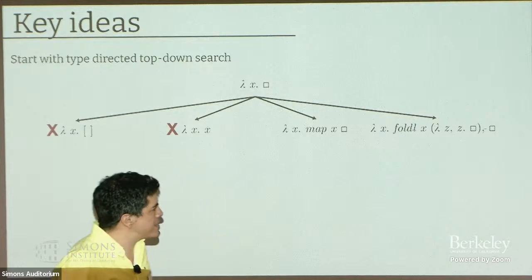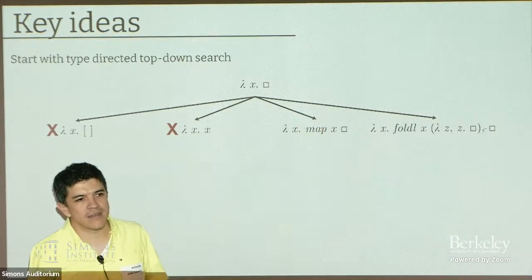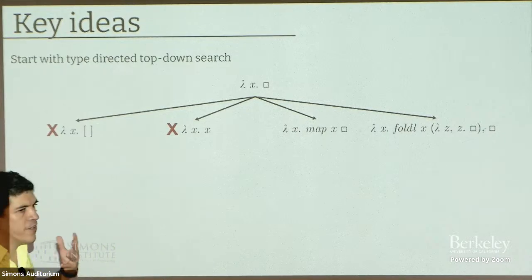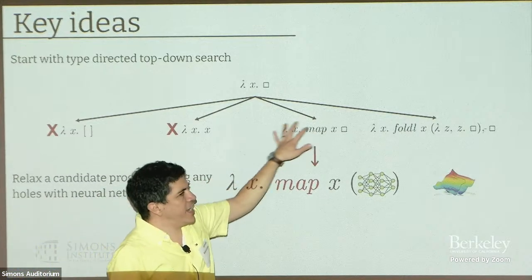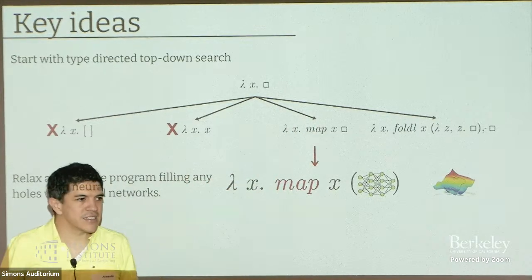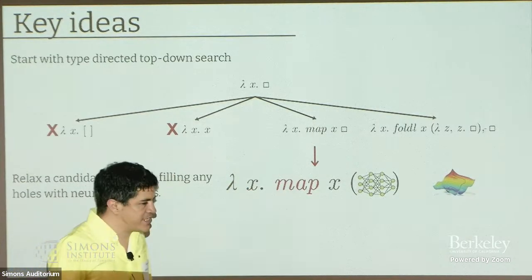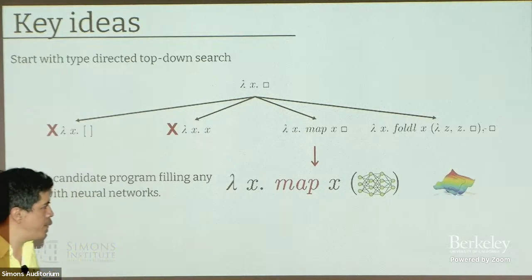So now I have to make a decision about which one of these am I going to expand first? Which one is the most promising? How am I going to expand it? And so here's where the really clever part of this algorithm comes in. We're going to take this program, and we're going to do a symbolic relaxation. For example, this map, we're going to replace it with some differentiable version of map.